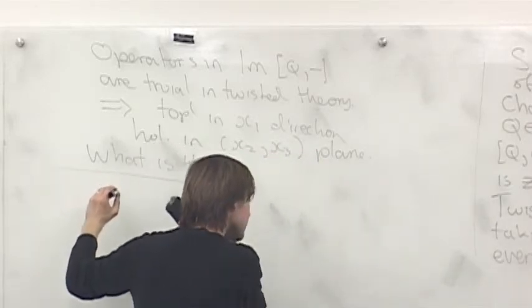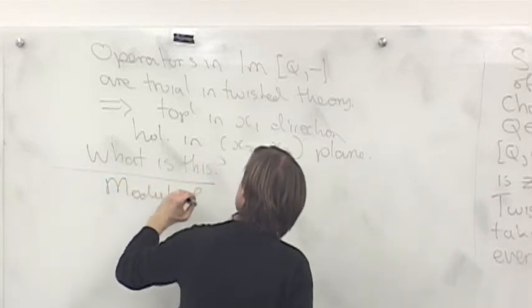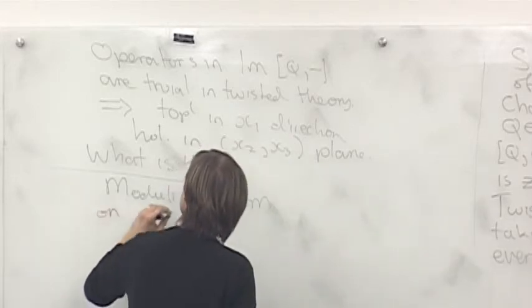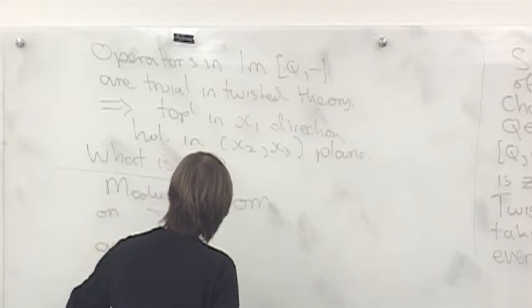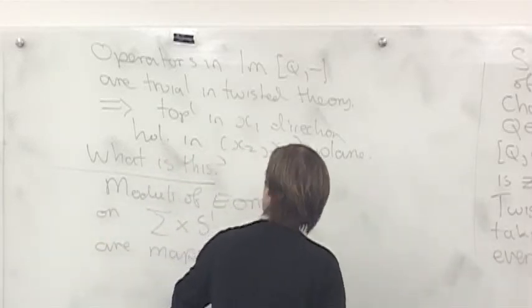So let's see, so 1 second. The moduli of equations of motion on sigma cross S1 are maps from, what do we do?